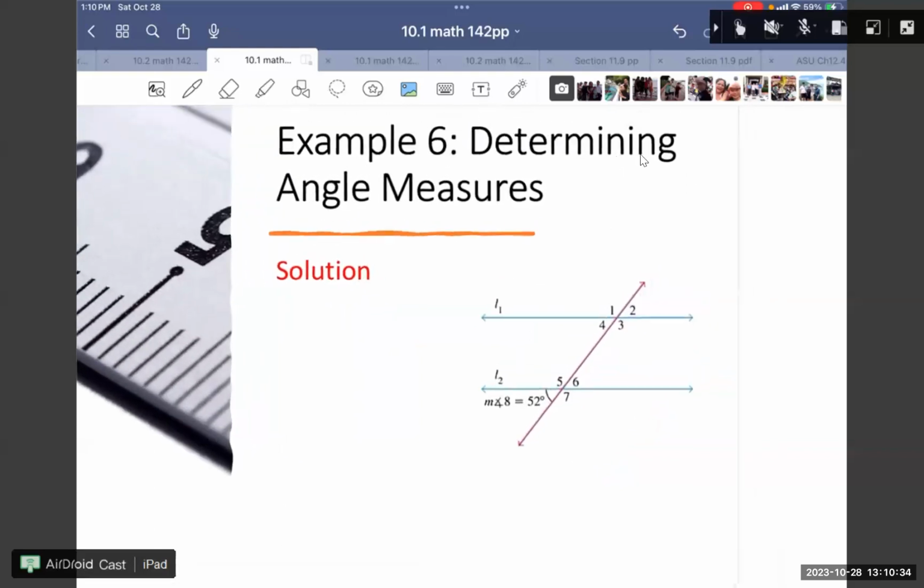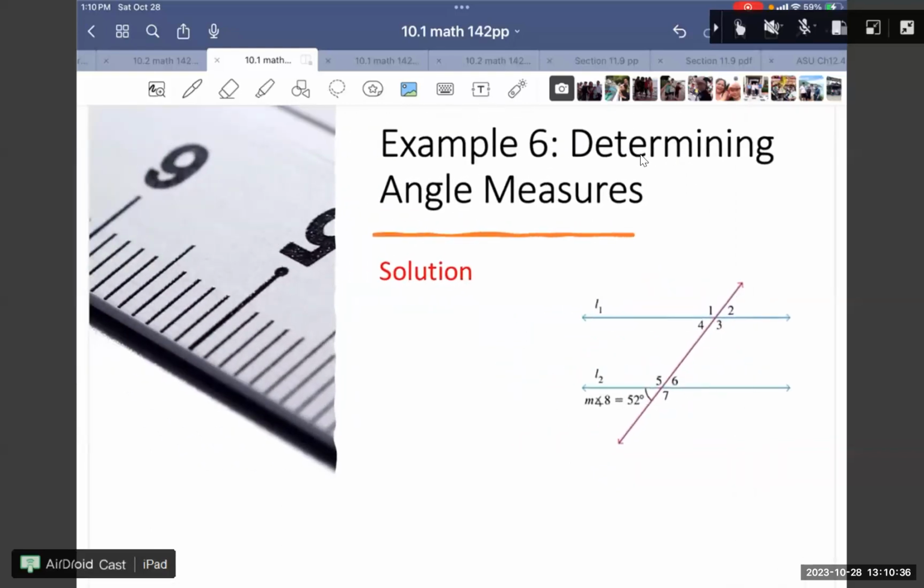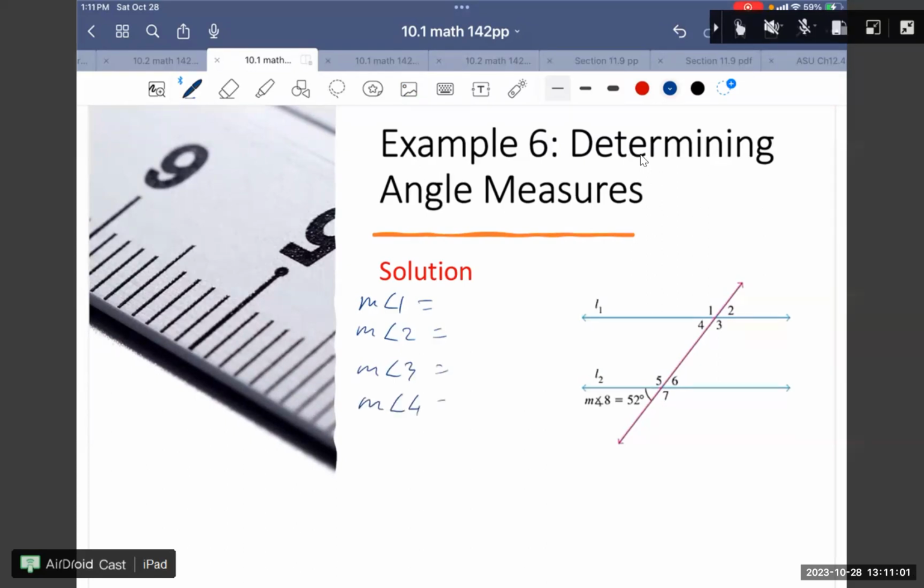So we need the measurements of angle 1, angle 2, angle 3, angle 4, angle 5, angle 6, angle 7, and angle 8.